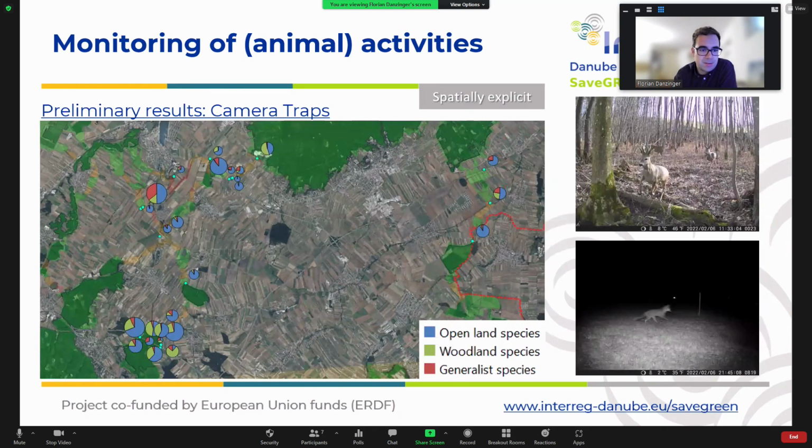But the analysis of these different species groups, here, this is more interesting. You can clearly see that, of course, woodland species are closer to the big wood complex in the north and in the south, and in between, in the rather featureless landscape, these woodland species hardly occur.